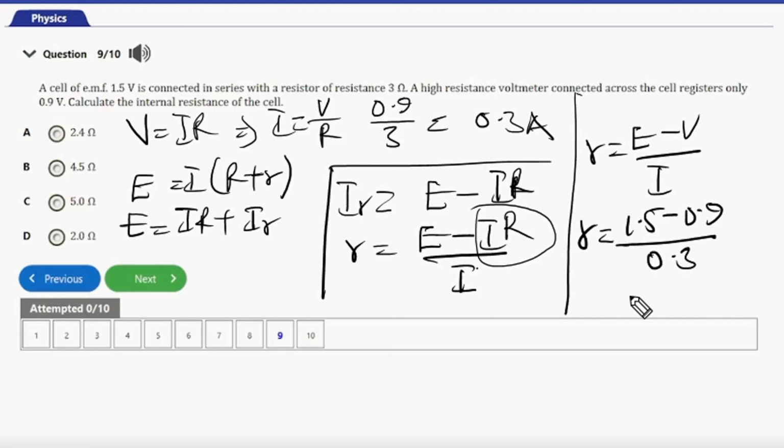And guys, from this, the answer to this question is 2.0 ohms. So that's it for this question, and that's option D here. So that's the answer to this question.